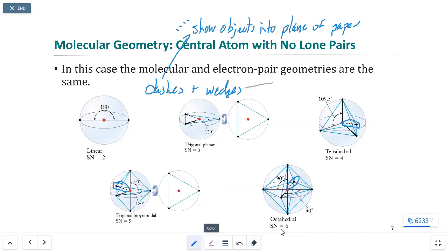Wedges, on the other hand, are going to look, well, like wedges. We're going to call them just triangles. And they show objects coming out of the plane of the paper.